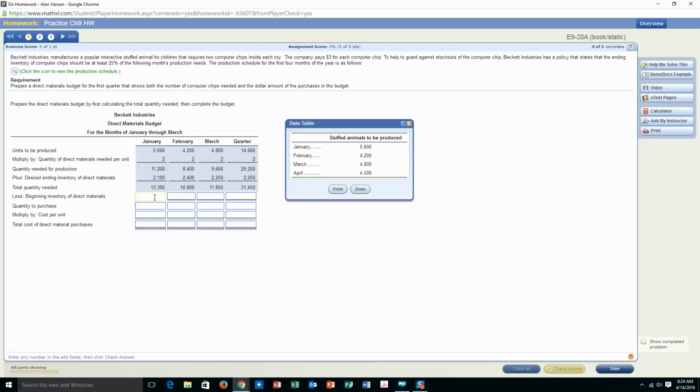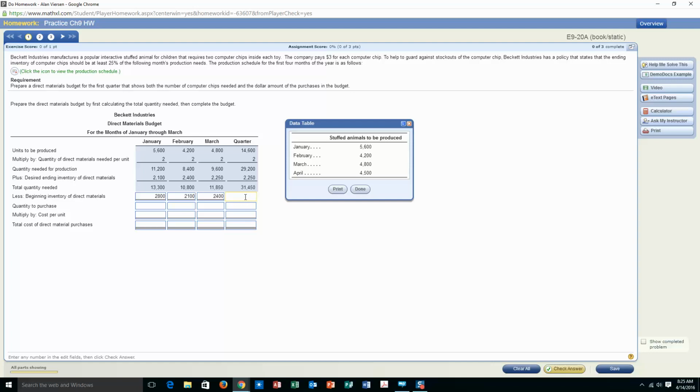So 25% of 11,200 is going to be 2,800. Again, I can just take 25% of this quantity needed. For this one, it's 2,100, 25% of 8,400, and 2,400 is 25% of 9,600.